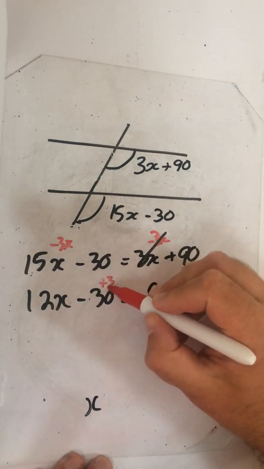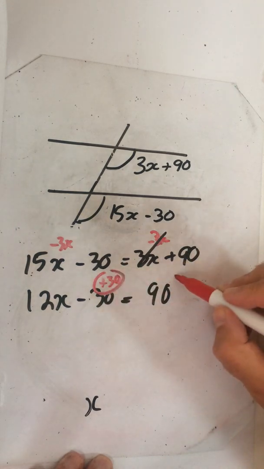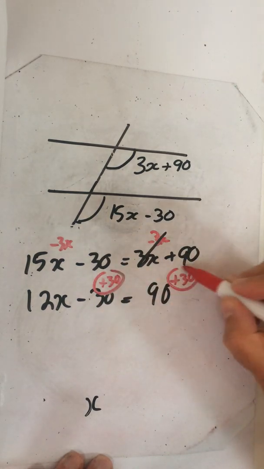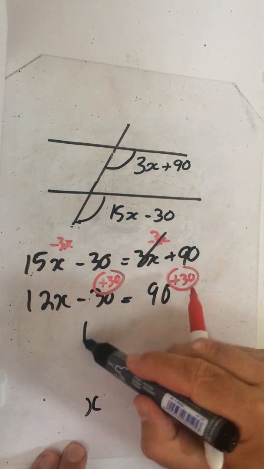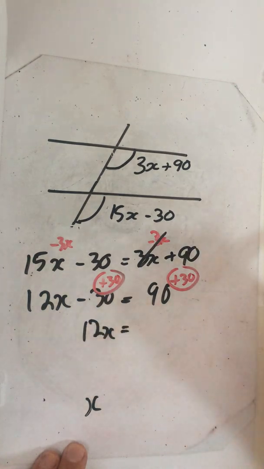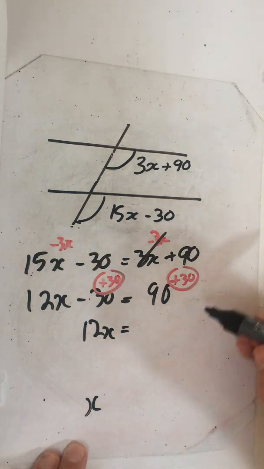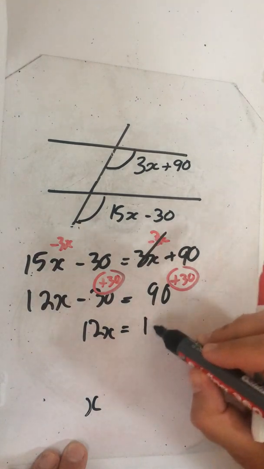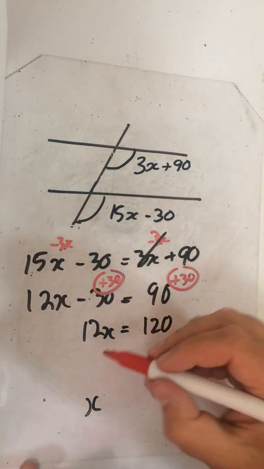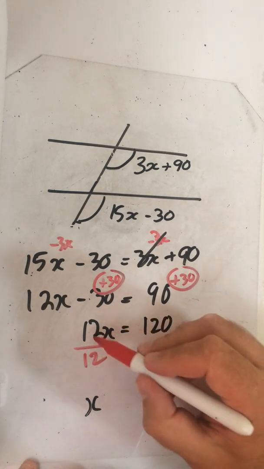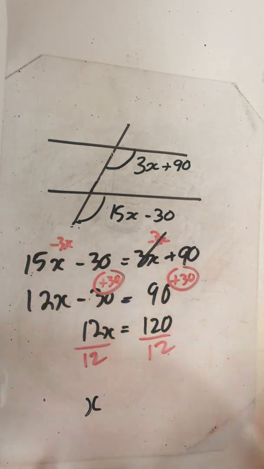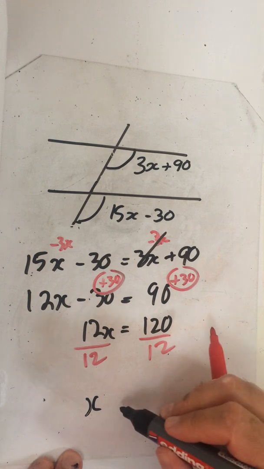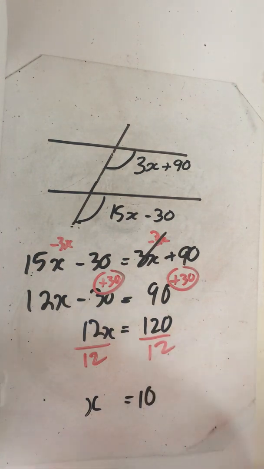So to get rid of that, I'm going to add 30. Do the same on the other side, add 30. So that leaves me with 12x is equal to 120. Divide that by 12, because it's 12 times x. Do the same on the other side because you're balancing it up. x is equal to 10.